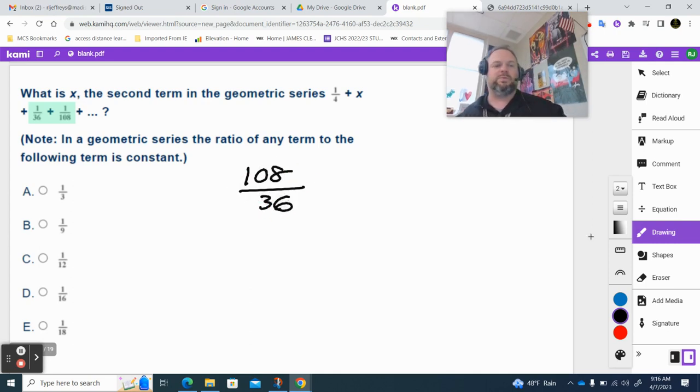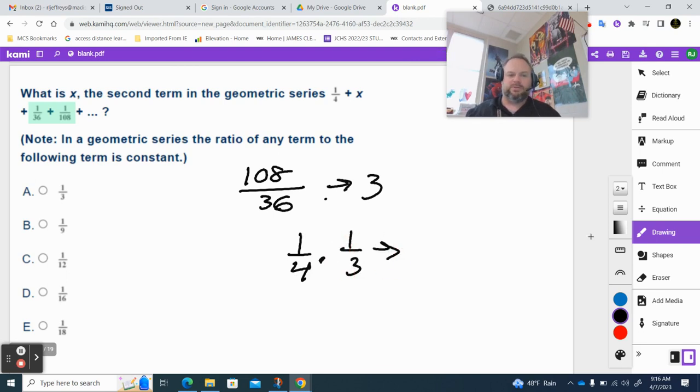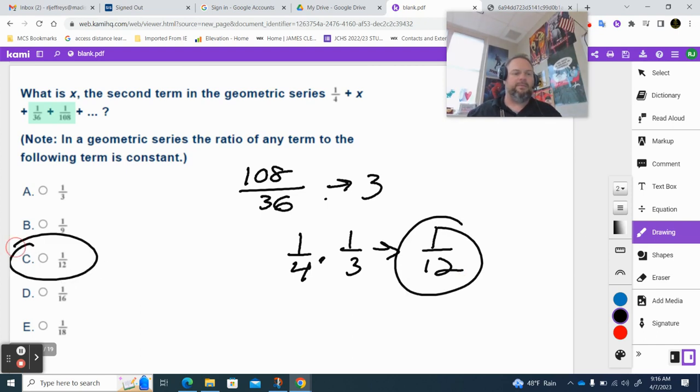That's going to give us what we're multiplying by each time. We actually get 3. That means we're multiplying by 3 each time. So if this is 1 over 4, we're multiplying by 1/3, because we're just multiplying.